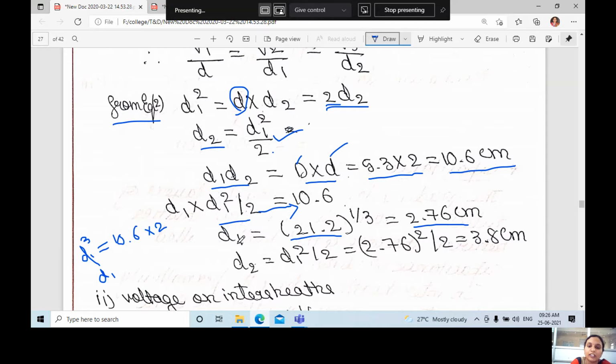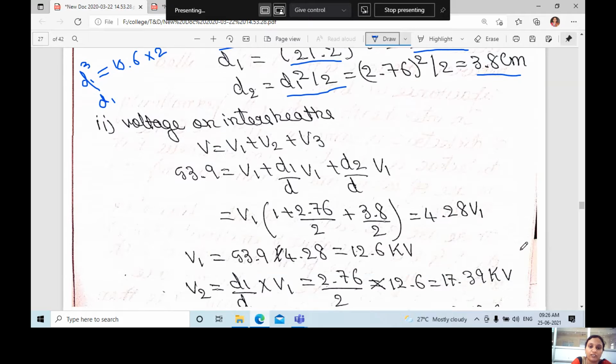Now we know the value D1 is 2.76 centimeter. What about D2? D2 is equal to D1 square divided by 2, that if you solve you will get 3.8 centimeter.